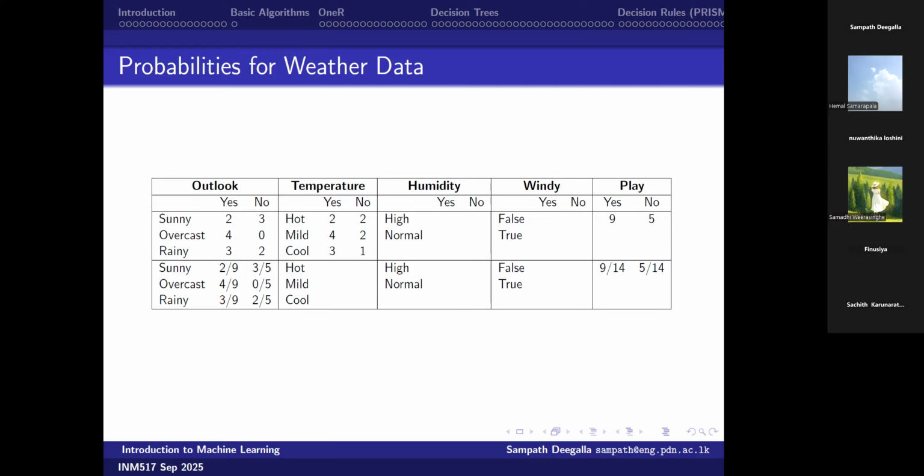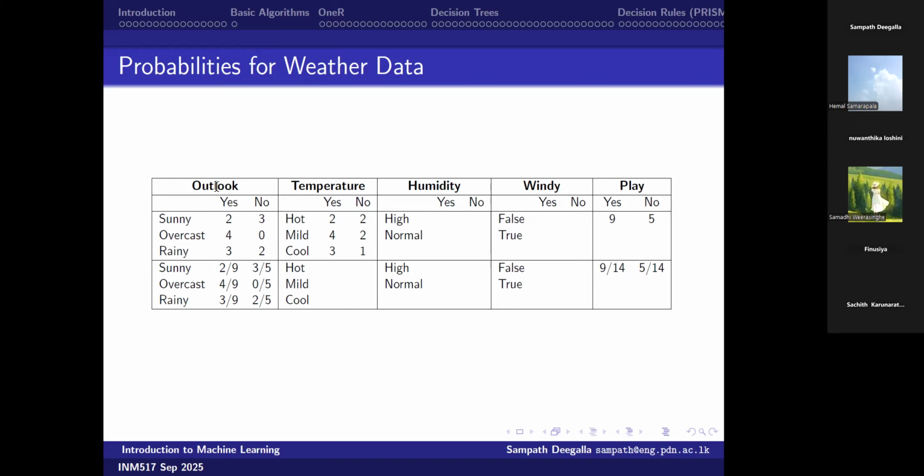You remember that in decision trees, the output is a tree structure. In rule sets, we have rules. In naive-Bayes, the model is these probability values. Let me explain how we calculate the probability values. First of all, let's take one attribute at a time. Take outlook and calculate how many times each class appears given an attribute value.